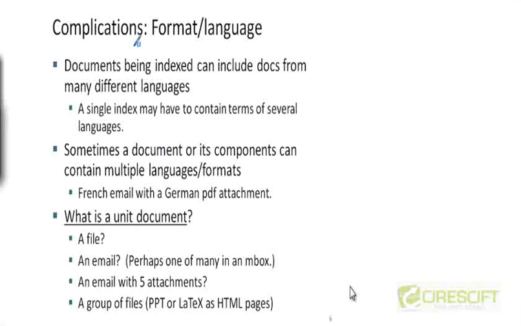Some complications in this are, for example, when documents that you are trying to index are heterogeneous. In other words, there's no single language that is found in the documents. What if some of your documents are in German, some of them are in French, some of them are in English? In that case, your single index is going to contain terms belonging to several languages.